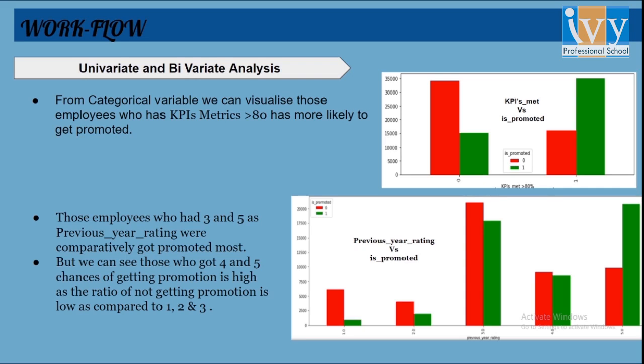But we can infer that for those who got 4 and 5, the chance of getting promoted is very high, as the ratio of not getting promoted is low compared to 1 to 3. For employees who got 1 to 3, there is a big gap between getting promoted and not getting promoted. So those who got 4 and 5 have a much higher chance of promotion than 1 to 3.